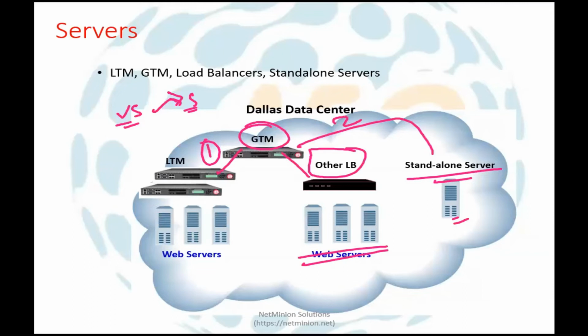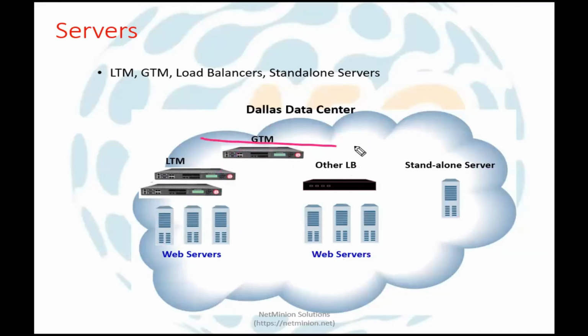The server is an actual end host, right, where the service is? Who are the actual hosts? These are the actual hosts: LTM, GTM, load balancer. There are three layers: layer 1, layer 2, layer 3.